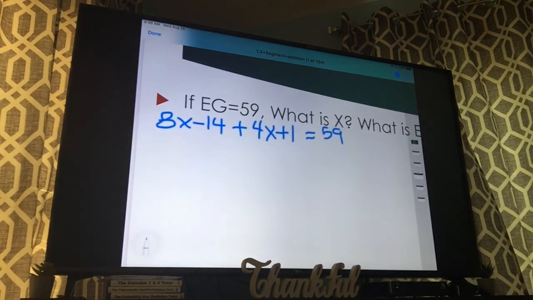Okay, and so now we can combine our like terms, and we're going to solve for x. So, think about what can you combine, okay? Well, we can combine the x's, so I got 8x plus a 4x to give me a 12x. Okay, and then I got a negative 14 plus 1, so it's going to give me negative 13, equals 59.